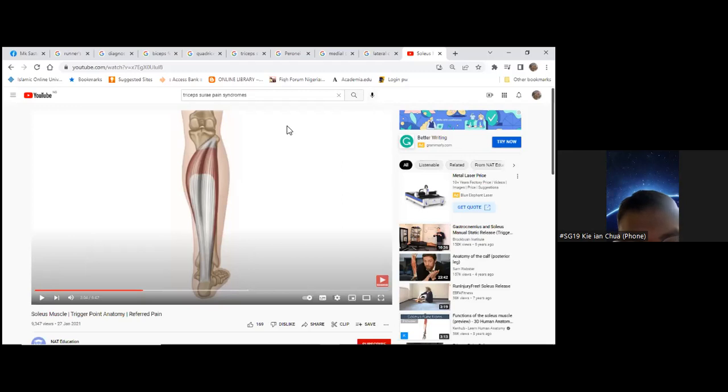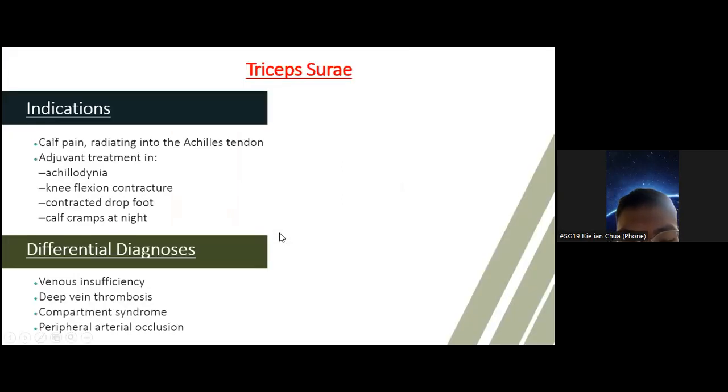Dr. Sastri, I'd like to ask a question that suddenly came to my mind. Pertaining to flat foot, how would this also affect the muscle pain level?